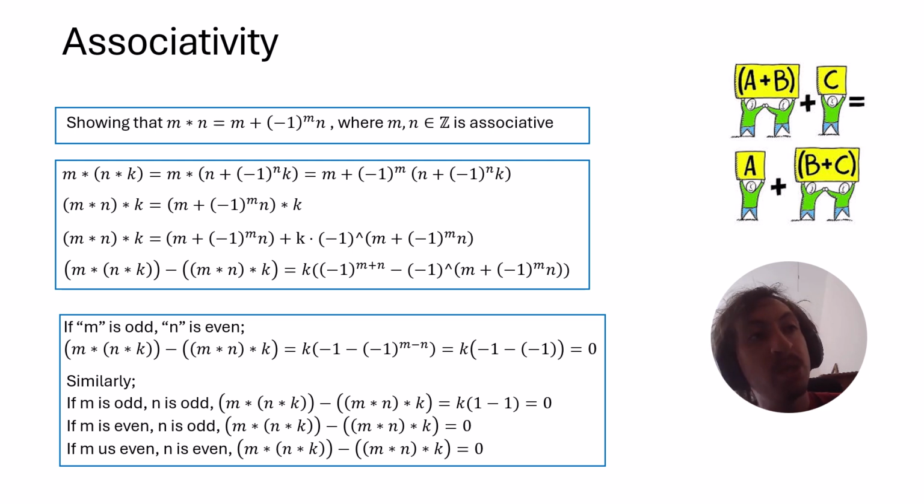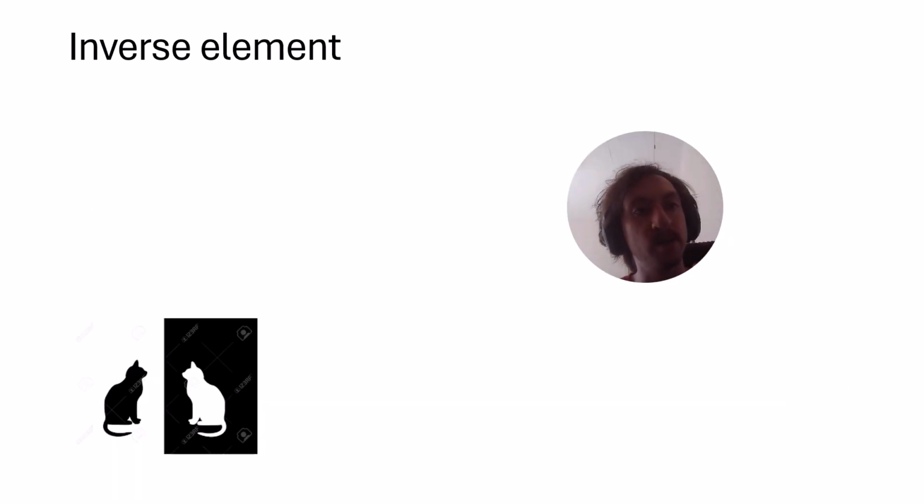we need to show that each element has an inverse and that inverse is within the set of elements. So often when we're trying to work out whether something is a group, doing the hard stuff is showing that the binary operation is associative, because that tends to be fairly computationally lengthy, like what we've seen.